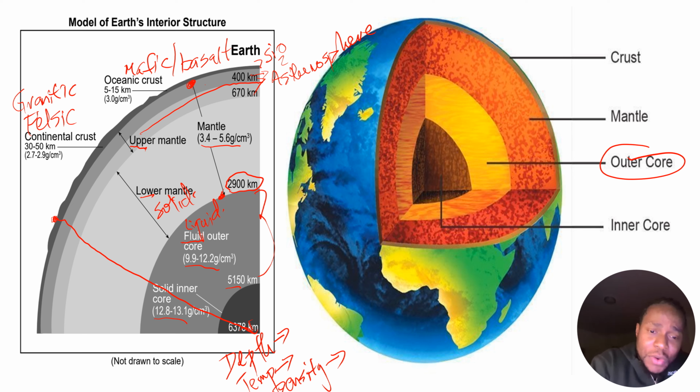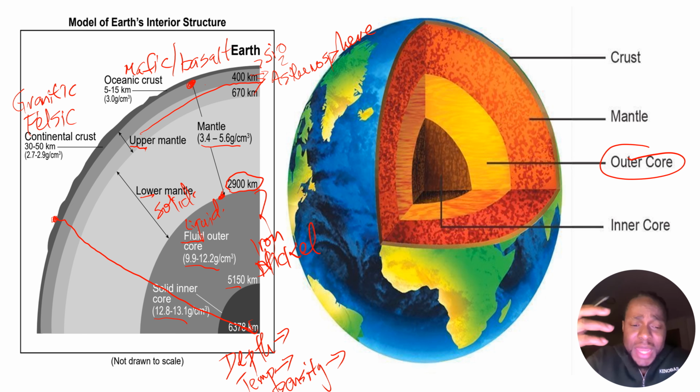Now this outer core is rich in iron and nickel. Same thing applies to the inner core. The inner core also is rich in iron and nickel, but the inner core is solid.